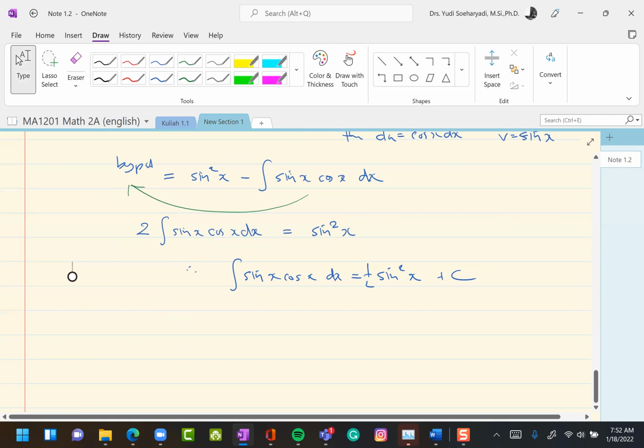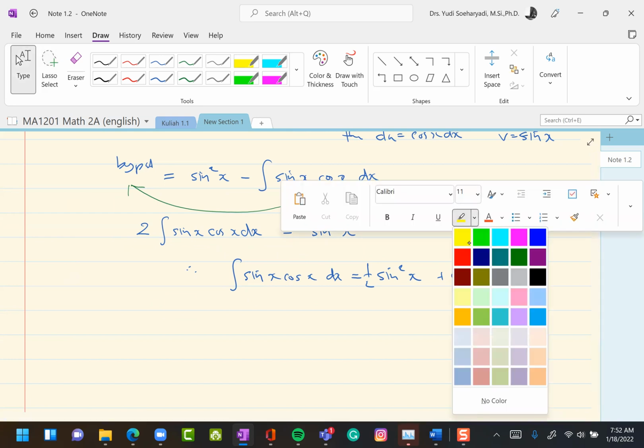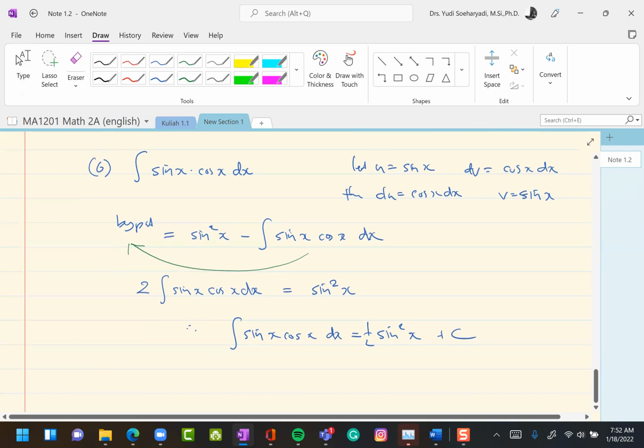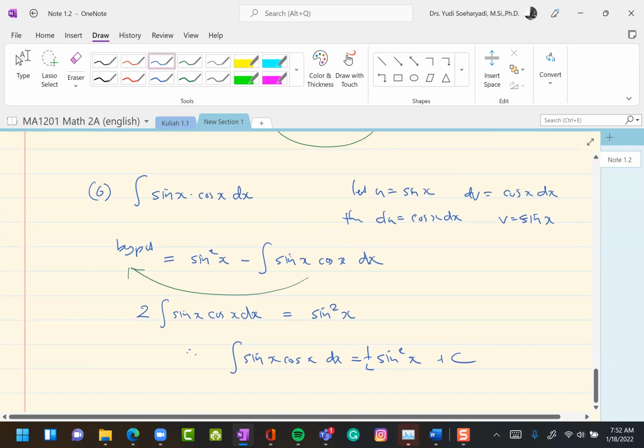Excuse me, Pak, where did you get the 2? The 2, because I moved this out to the left-hand side. They are the same, right? It's supposed to be just the integral of sine x times cos x dx, Pak. Yes, you see v du, the integral of sine x cosine x dx, same thing.